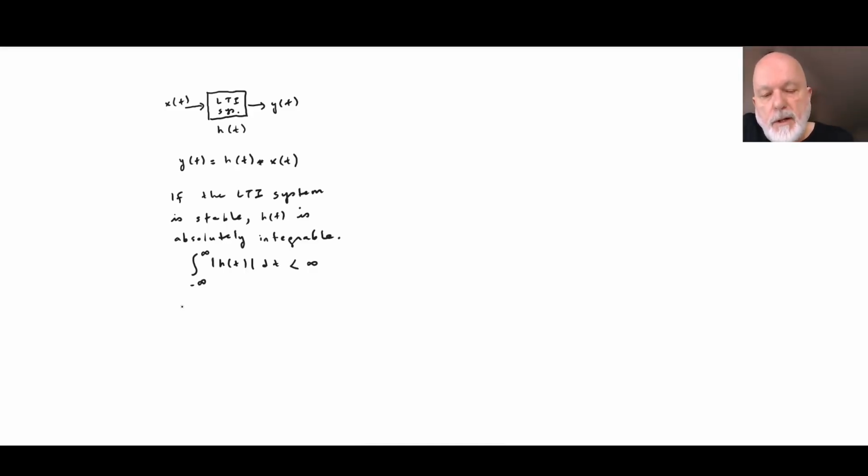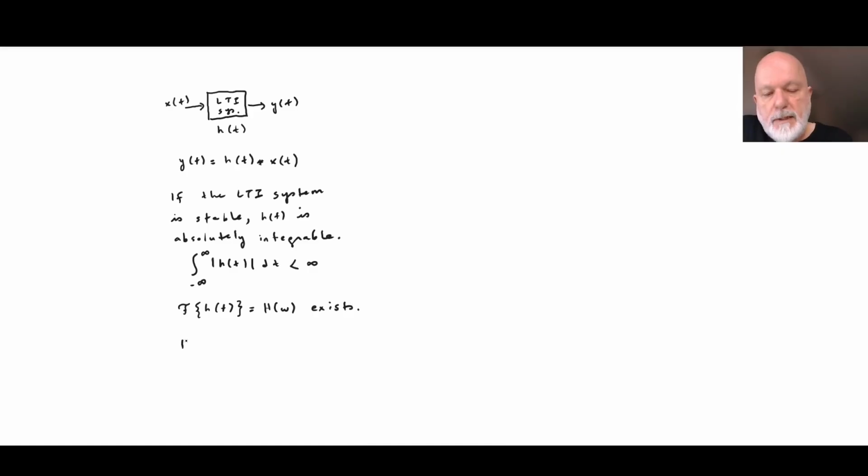So the Fourier transform of h of t, known as H of omega, exists, and we have a special name given to H of omega. It is called the frequency response of the LTI system.